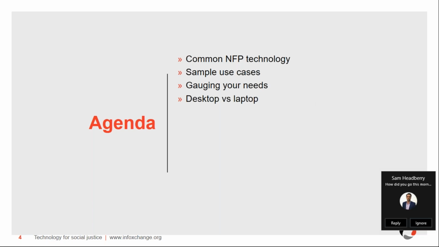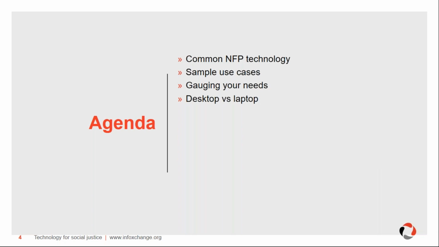Generally, if you're mobile, if you're in a lot of meetings and maybe doing some outreach, obviously we would look at more of a laptop scenario. Whereas if you are based in the office and doing some standard admin, whether that be finance or something like that, we would recommend looking at a desktop solution. There's a number of reasons for that, which we will delve into.